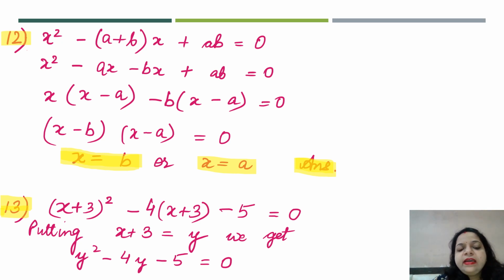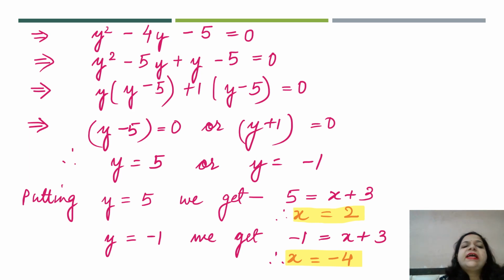We can put y equal to x plus 3. So we get the equation as y square minus 4y minus 5 is equal to 0. You can easily solve the equation. So what will be the answer? The factors of minus 5 will be minus 5 and plus 1.